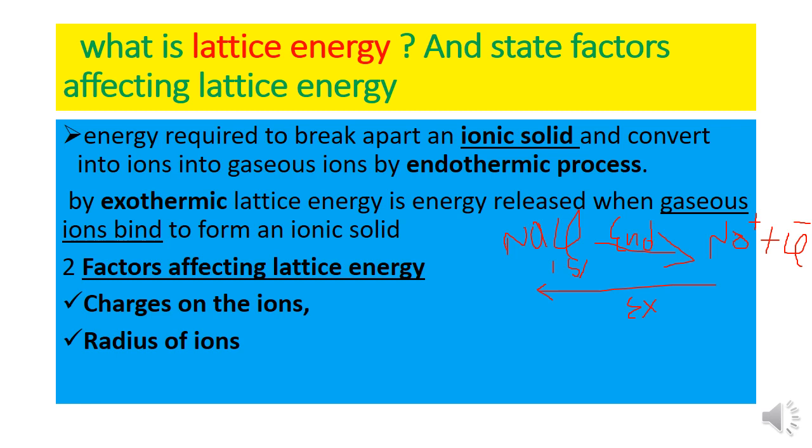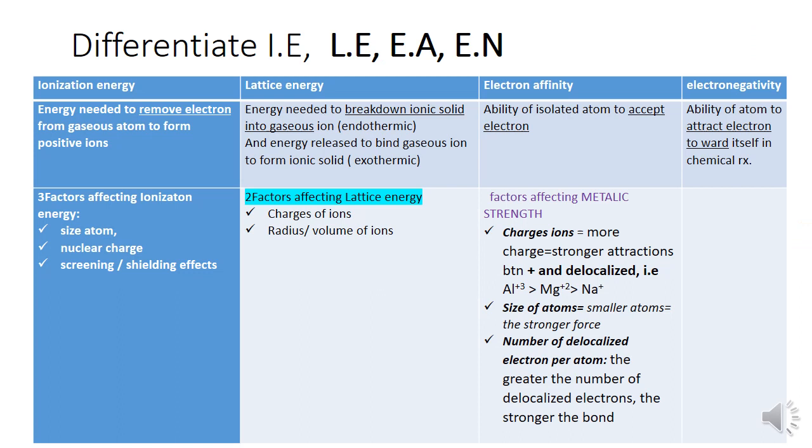When the ionic solid is broken down into gaseous ions, it is endothermic. When these ions bind to form the ionic solid, it is an exothermic process. This is the definition of lattice energy. Then the factors affecting lattice energy are the charges on the ions and the radius of the ions. These are the two factors.